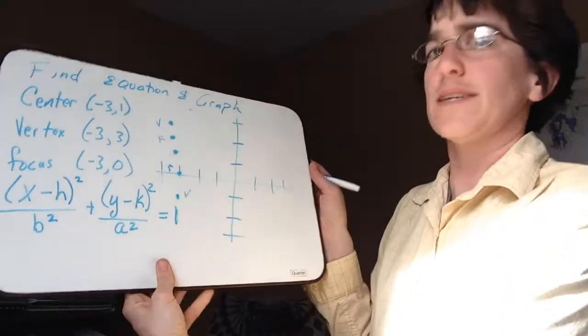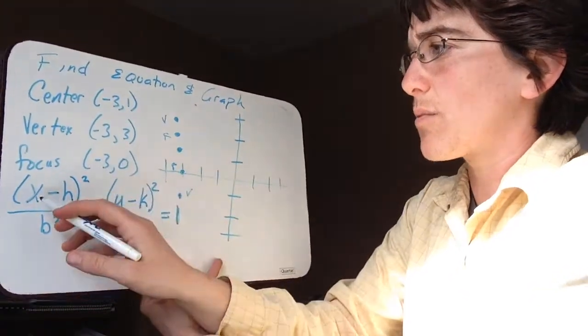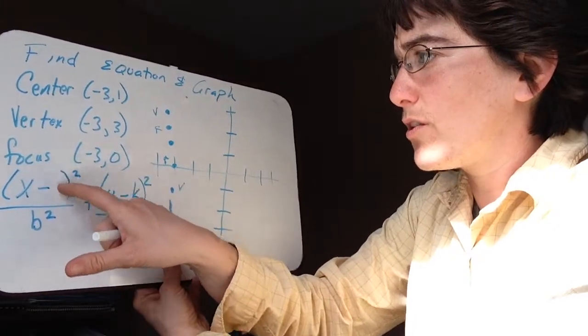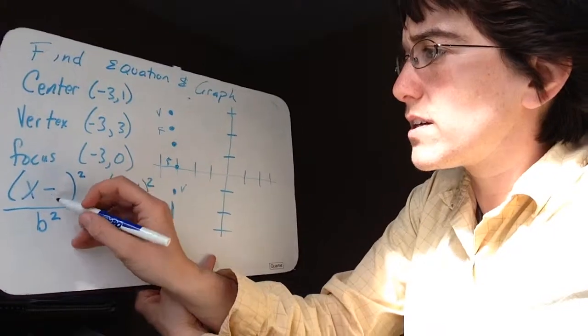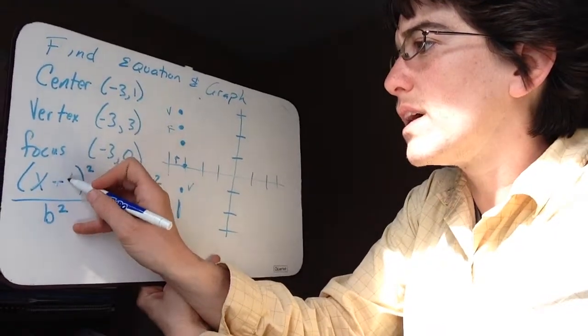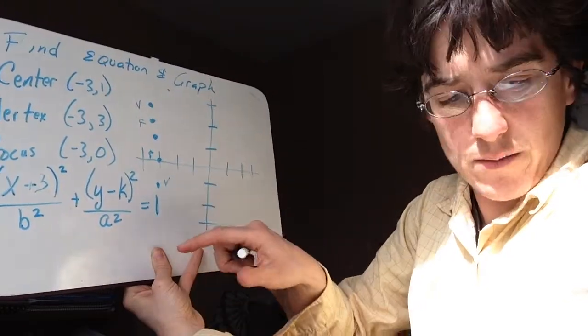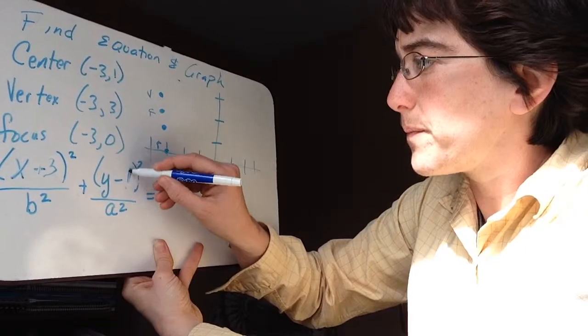So this h and k information has to do with my center. I'm going to come back here, and in place of h, I'm going to place negative 3. That's going to cause this to become plus 3. And in place of my k, I am going to put the number 1.